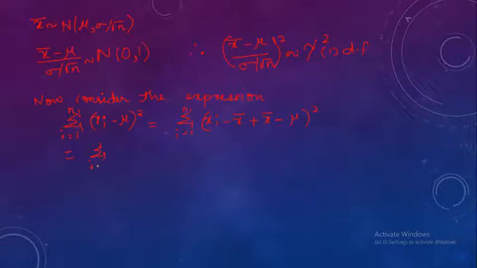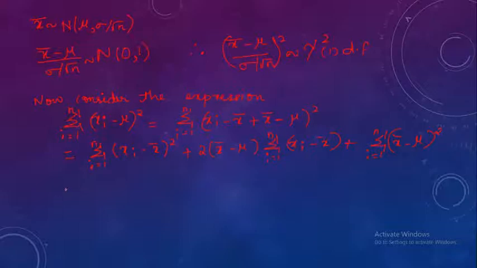Summation i is equal to 1 to n xi minus x bar the whole square plus 2 into x bar minus mu summation i is equal to 1 to n xi minus x bar plus summation i is equal to 1 to n x bar minus mu the whole square. Okay, this is what I get when I do the expansion.